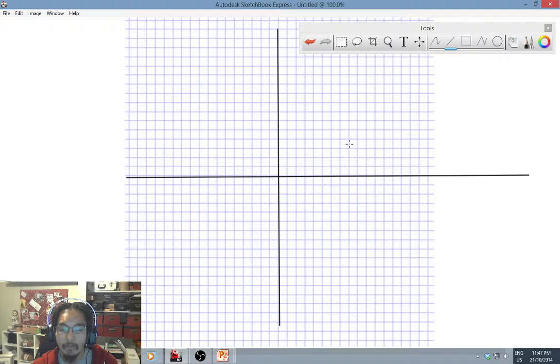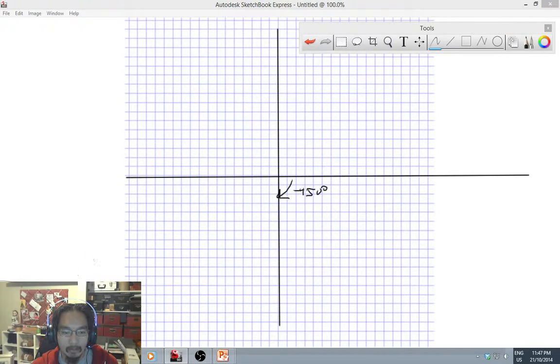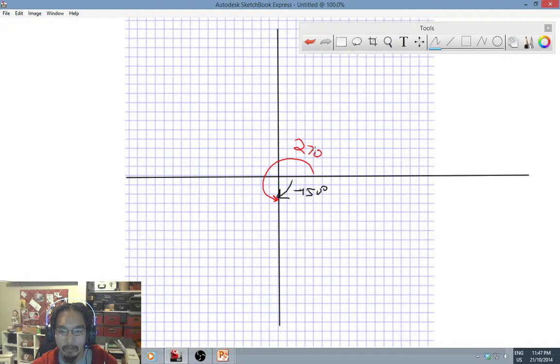Negative 450. Alright, so one possible coterminal angle, if I go this way, is 270 degrees.